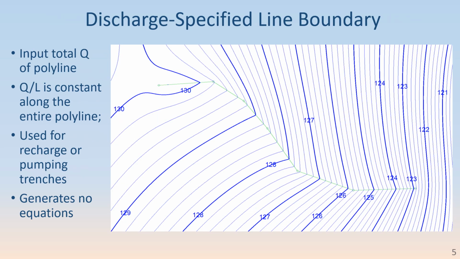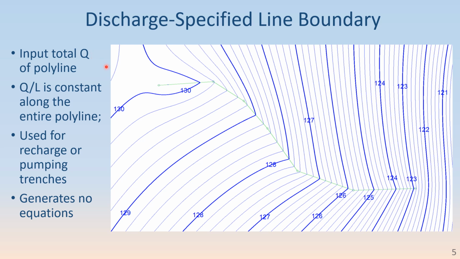This is a discharge specified line boundary where you input the total discharge of the polyline, and Anaqsim spreads that discharge out in a uniform way so that the discharge per length is the same everywhere along this polyline. It's handy for recharge trenches or pumping trenches. It doesn't generate any equations because you know the discharge up front.